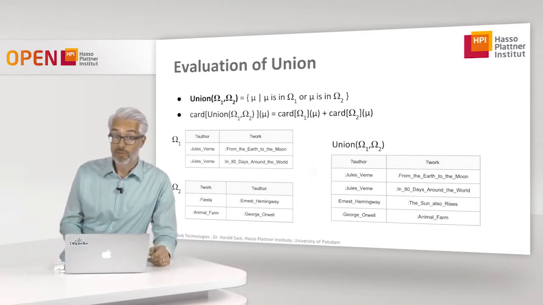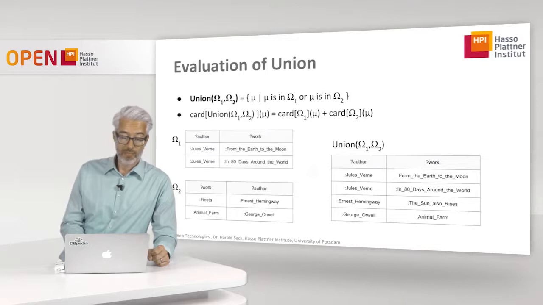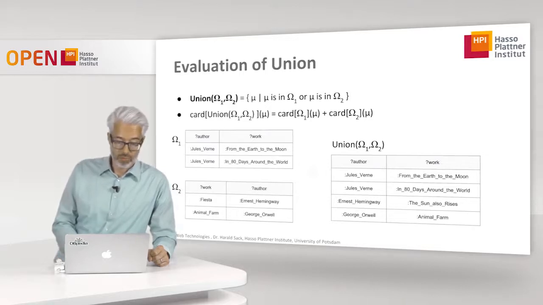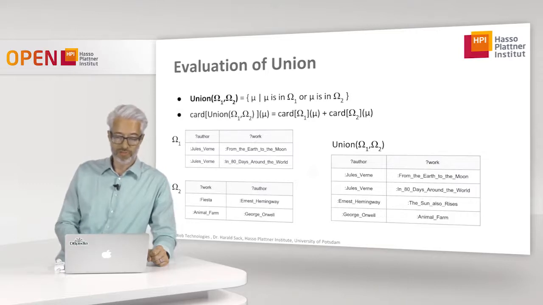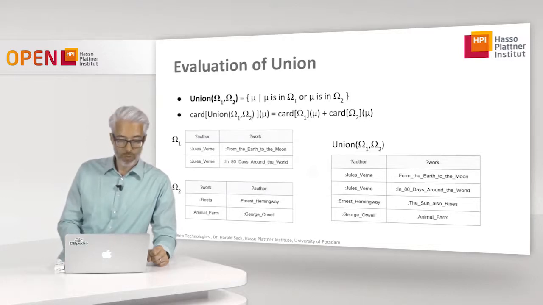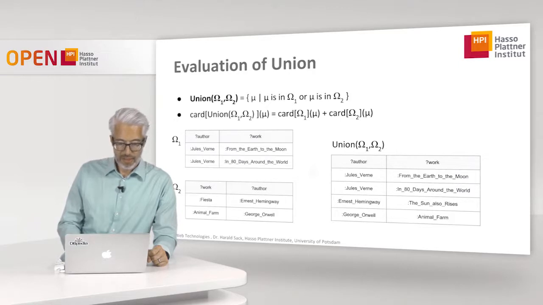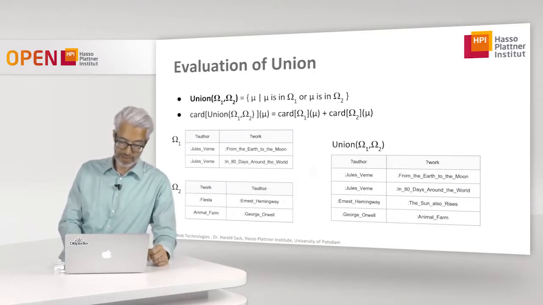And it works the way we know it. For example, if we had as omega sub 1 the first table, where we have twice the author Jules Verne, first with the work From the Earth to the Moon and then Around the World in 80 Days. And in omega sub 2 we have the table the other way around. First we have work and then author, and the title of the work is Fiesta, and the author is Ernest Hemingway, and the title of the second one is Animal Farm, and the author is George Orwell.